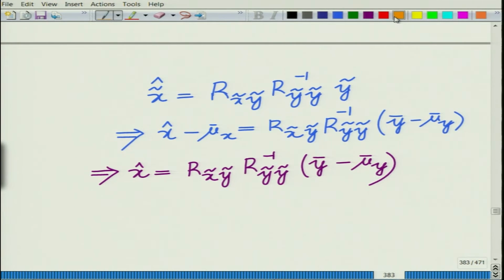Now, let us ask the question, what are these quantities R_x tilde, R_y tilde and R_x tilde y tilde? There is the covariance matrix of y tilde and the cross covariance between x tilde and y tilde.